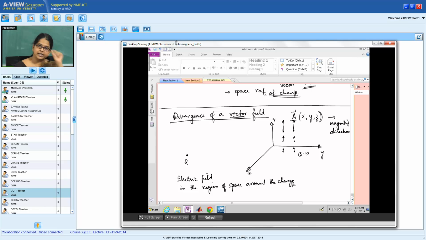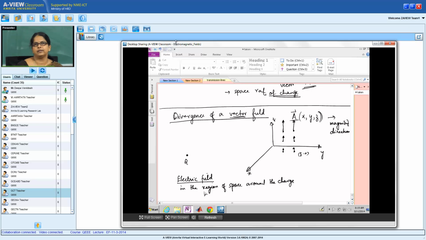If I have a stationary charge, I have an electric field around it, right? Now what quantifies the electric field? What is the strength of that electric field? The moment I say electric field, I should not only quantify the strength, the magnitude, I should also quantify the direction. I should say how much is the electric field and in which direction.